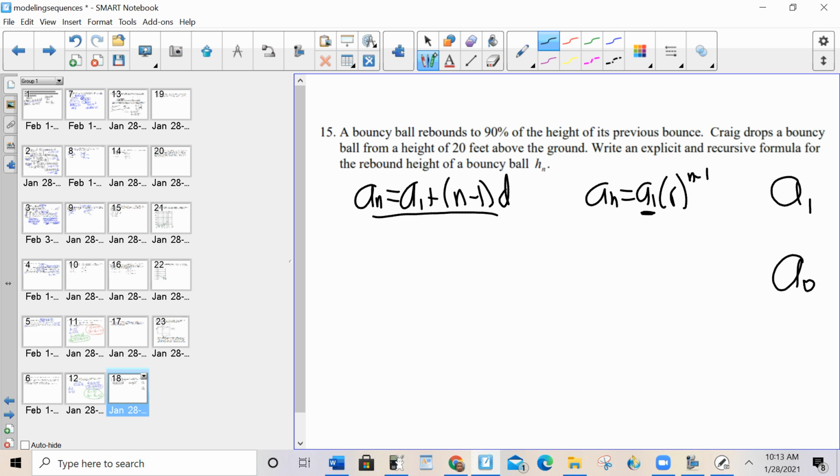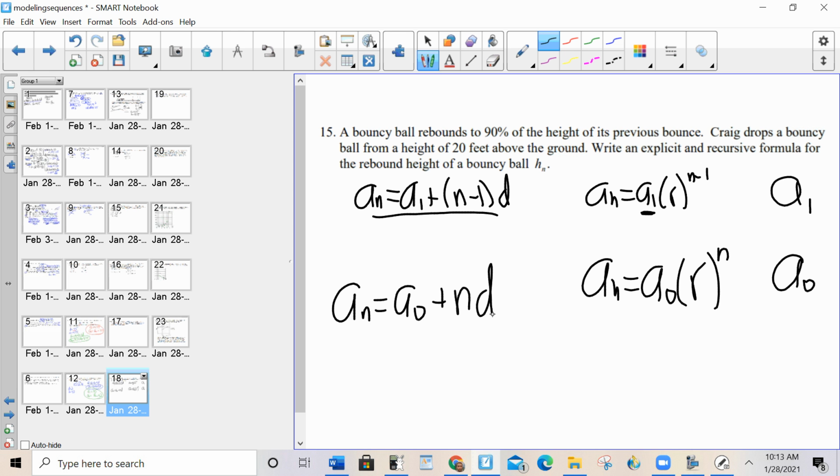If you have a0 instead of a1, it becomes a0 r, and if I go back to the previous term, then my n minus 1 becomes n. Similarly, if I do a0, then again here, my n minus 1 becomes just n. And this is the exact same formula as this.